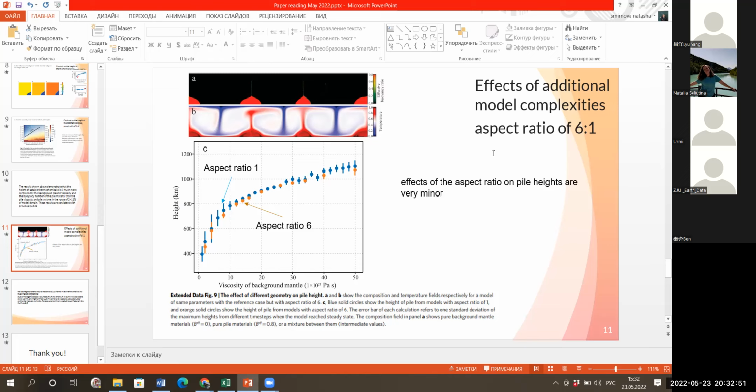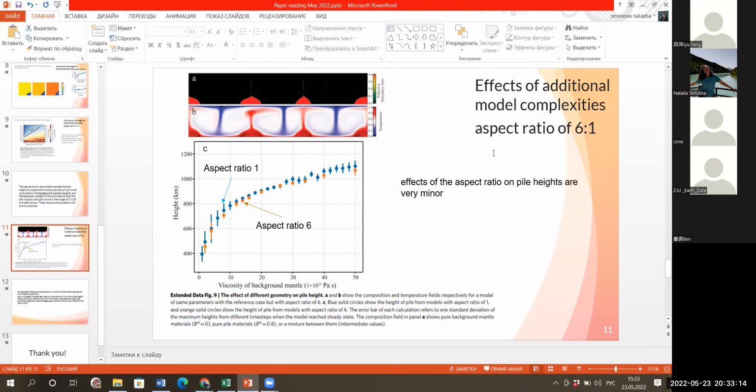Here they want to argue about the viscosity of the background mantle and the LSVPs, basically how hard the LSVPs are compared with the ambient mantle, or how weak. So my interpretation is that it's really hard.